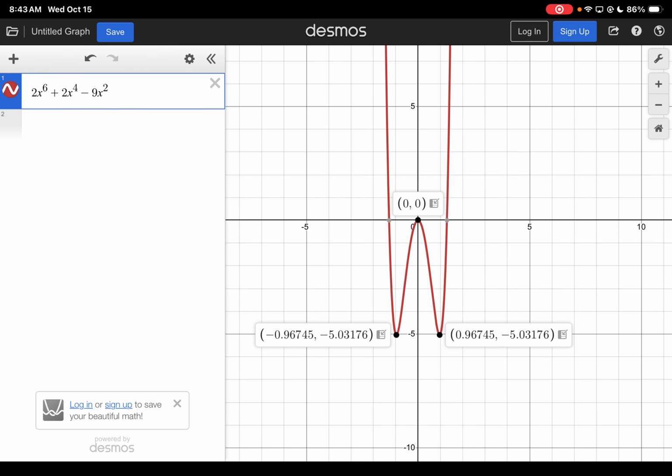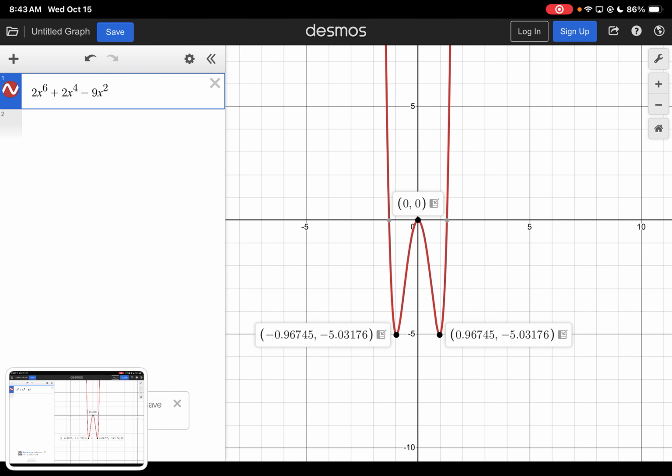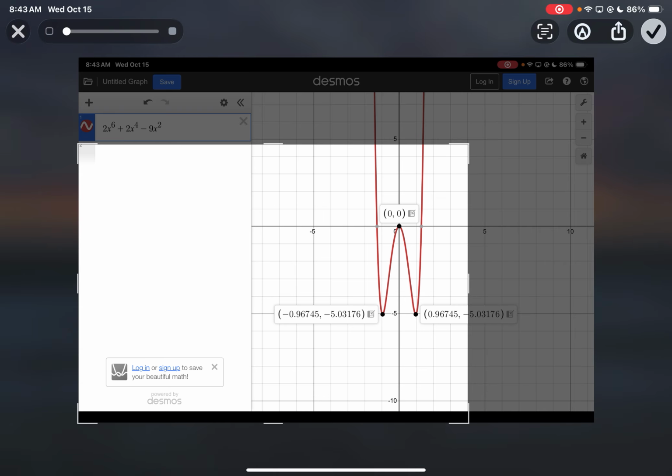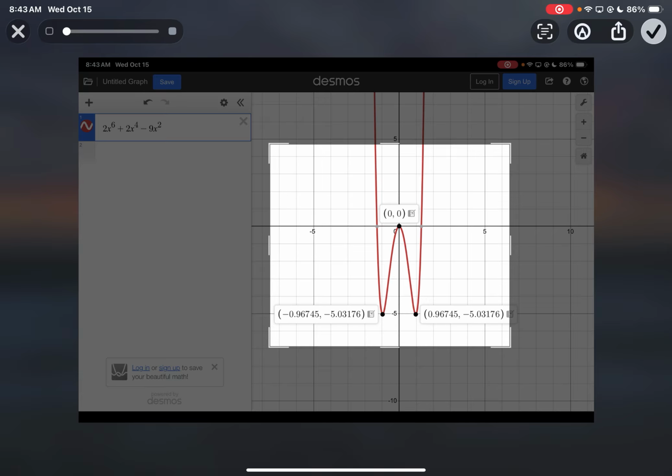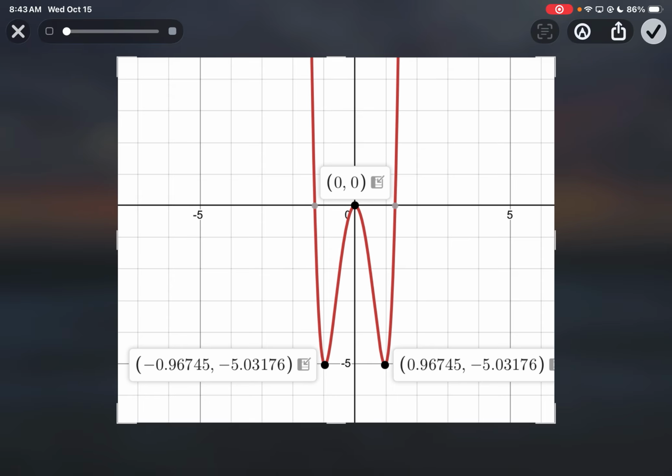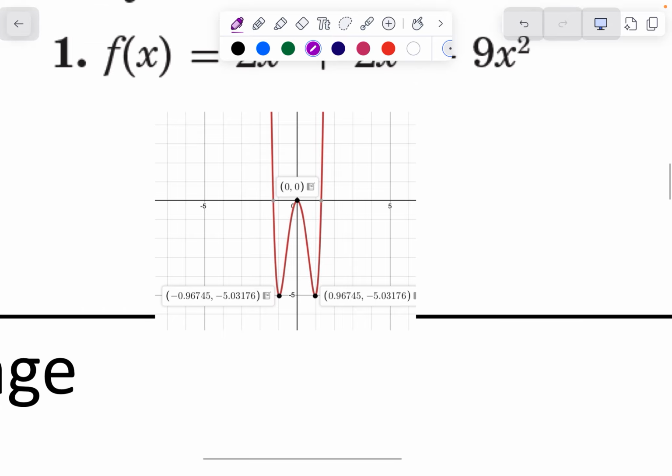Now for you on your paper, all you've got to do is make a little sketch of the graph. It doesn't have to be pretty, just noting what those points were on your graph. So you can make the XY axis, and then I'm going to put this into Desmos. Okay. And then we're going to just label the points.